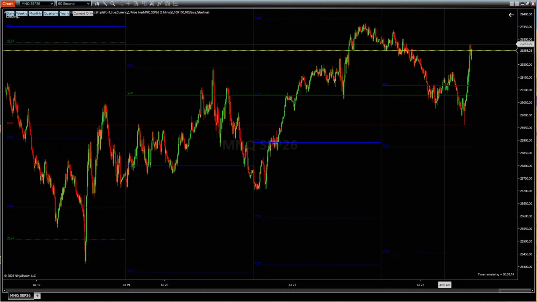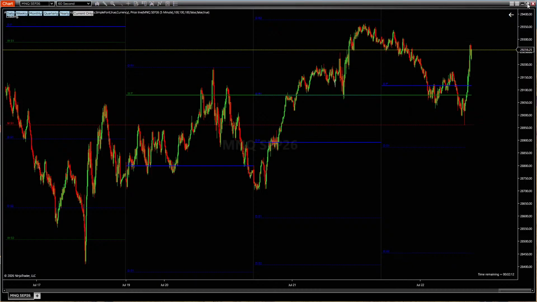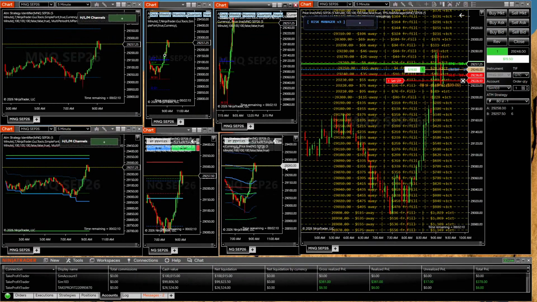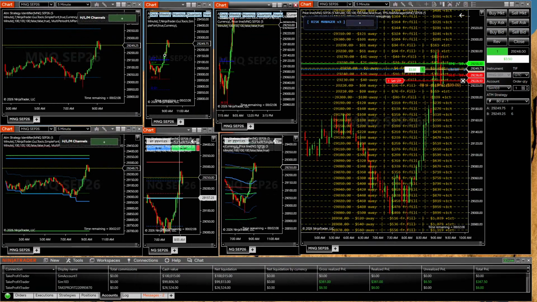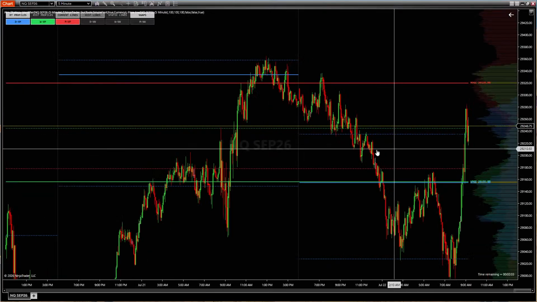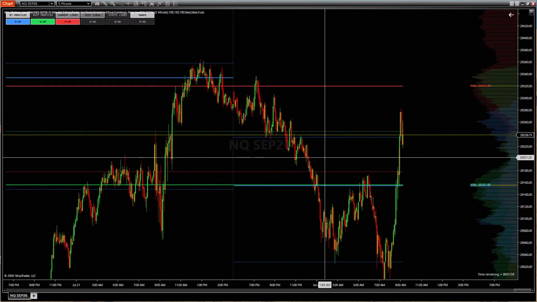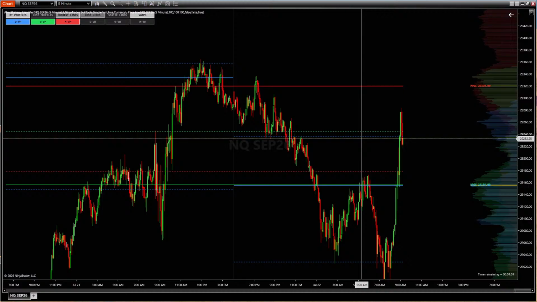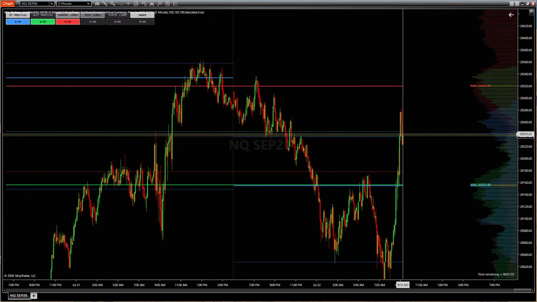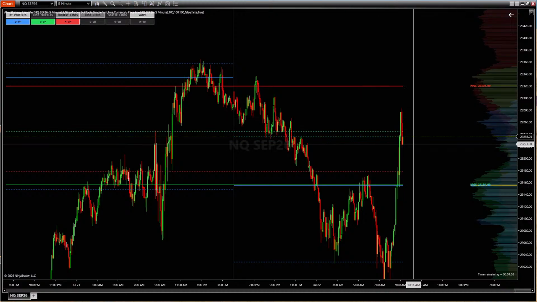So getting held up looks like about a VWAP. Okay, so we're right at the value area high here. And see if we can come back, and nope.